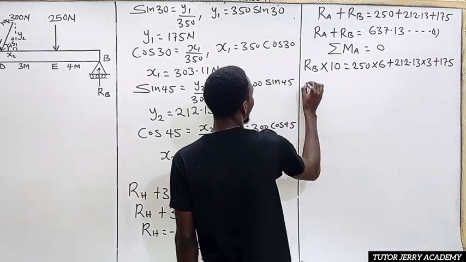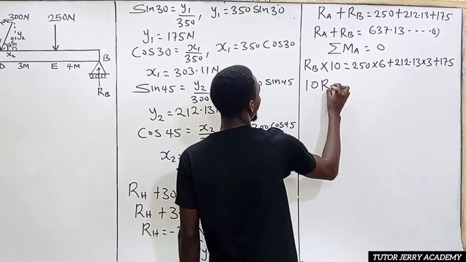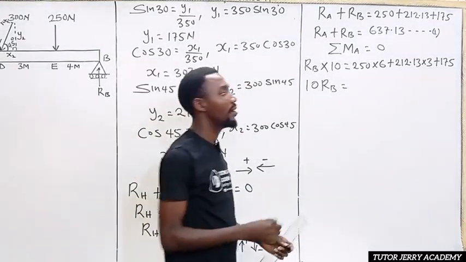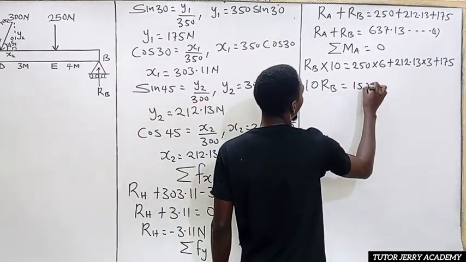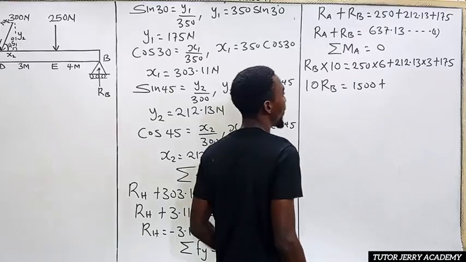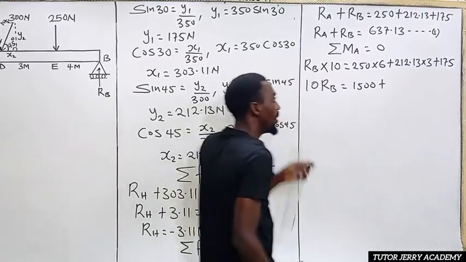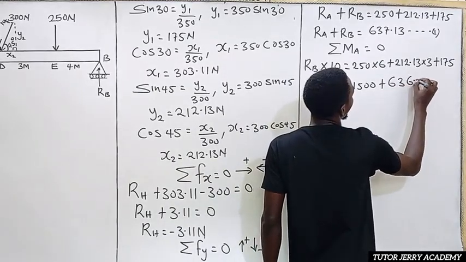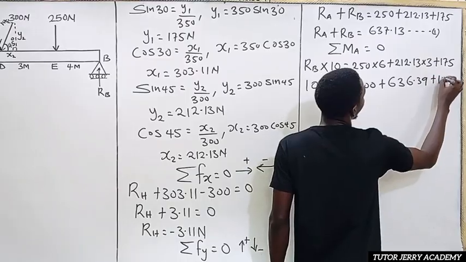So this is going to be 10 arrow B equals to 250 multiplied by 6, that is 1,500, plus 212.13 multiplied by 3, which is 636.39, plus 175.